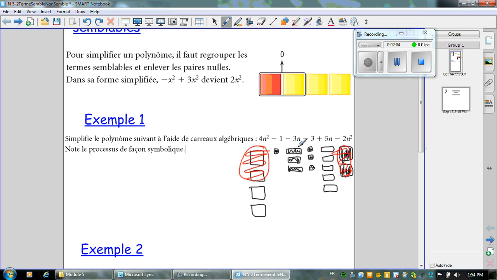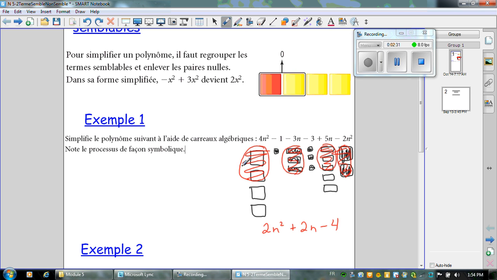Also, these 3 and these 3 will cancel each other out. So what's that going to leave me? It's going to leave me 2n squared, so 2 degree 2's, 2 degree 1's, so n, and then 4 units negative.